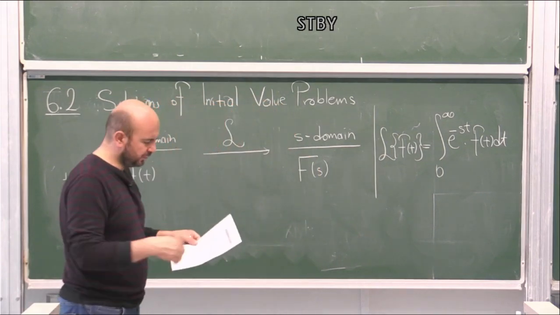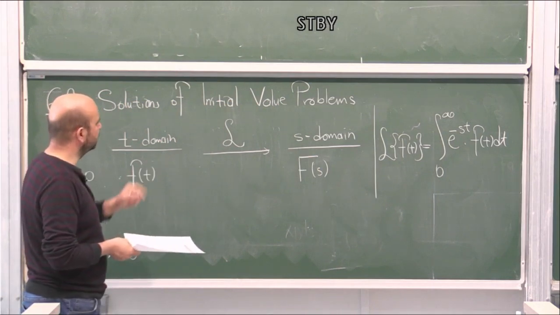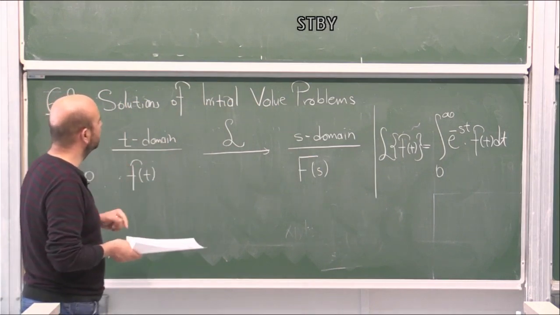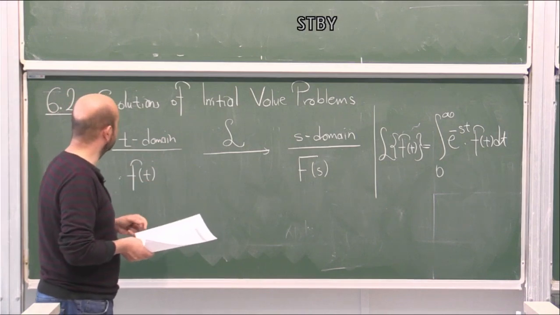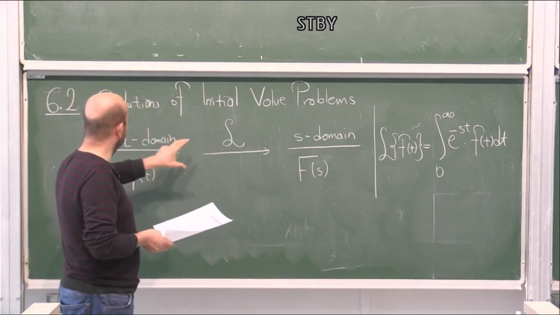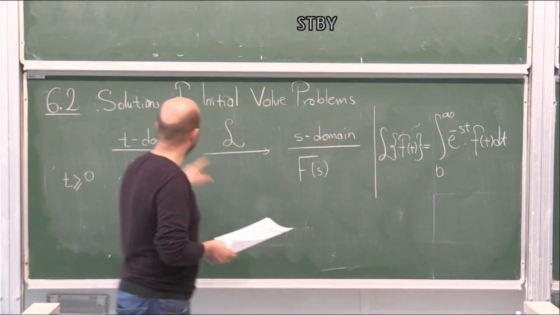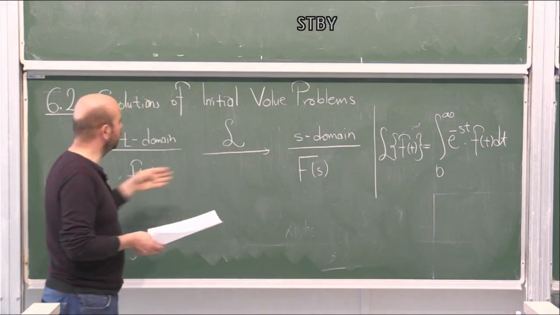But first of all, I want to say something more about this Laplace transform before we start these differential equations. So the most important property maybe is Laplace transform is an integral transform, so it's a linear transform. So it's a linear operator.